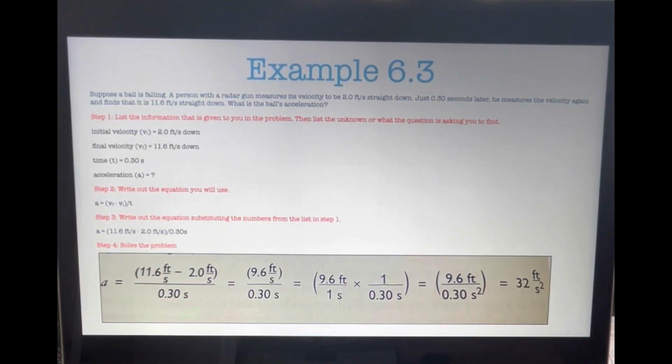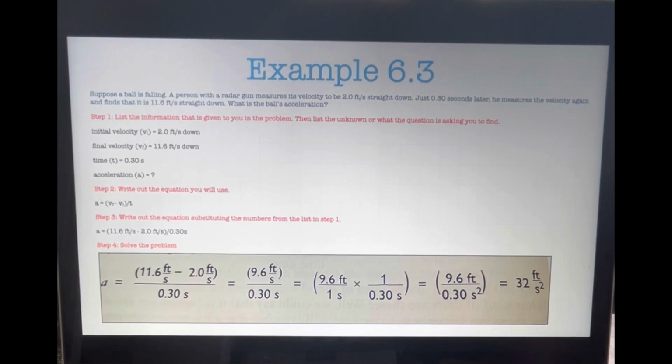All right, example 6.3. Suppose a ball is falling. A person with a radar gun measures its velocity to be 2.0 feet per second straight down. Just 0.3 seconds later, he measures the velocity again and finds that it is 11.6 feet per second straight down. What is the ball's acceleration?